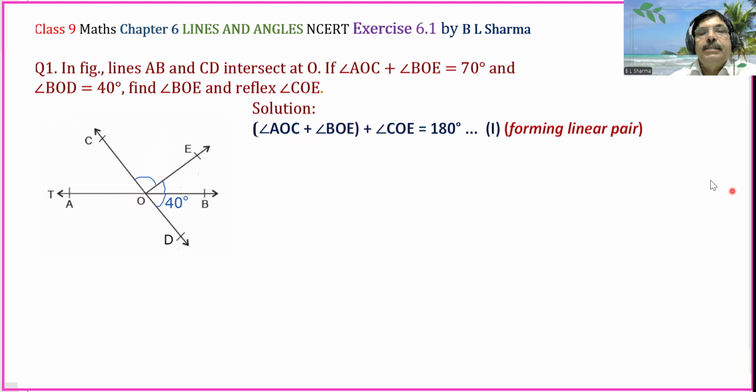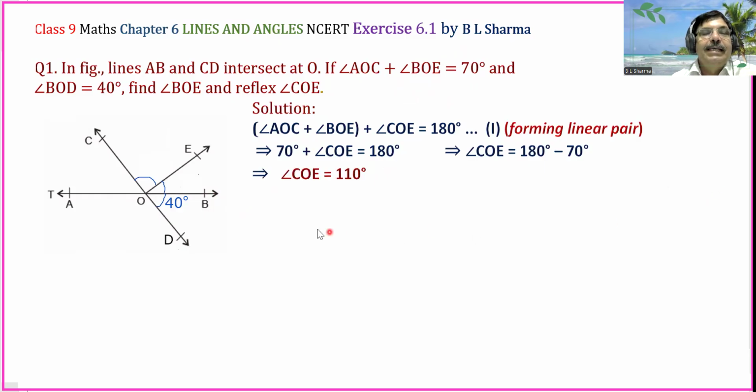Angle AOC plus angle BOE is given as 70 degrees. So 70 degrees plus angle COE is 180 degrees. So angle COE will be 180 minus 70 degrees, that is 110 degrees. This angle is 110 degrees.